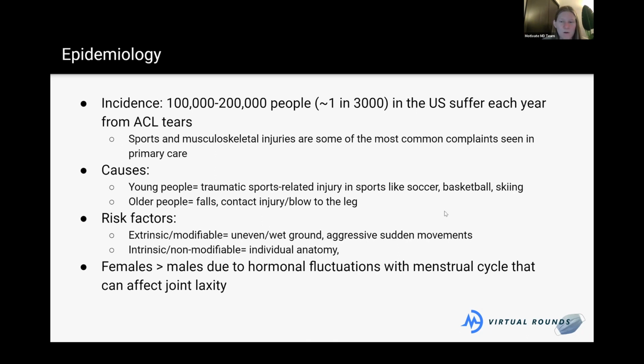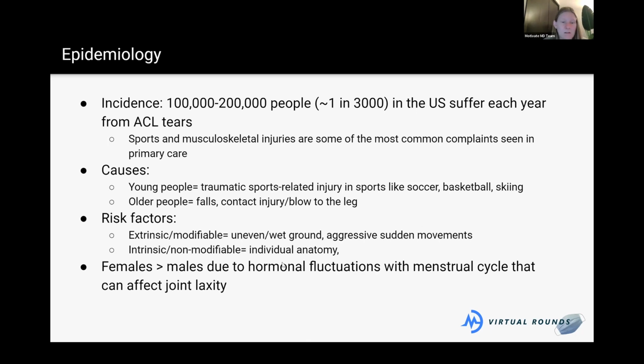Some risk factors for ACL tears are walking or running or playing a sport on uneven or wet ground, or a sport that has aggressive sudden movements. That is going to be a lot higher risk than things that are more repetitive and predictable movements.